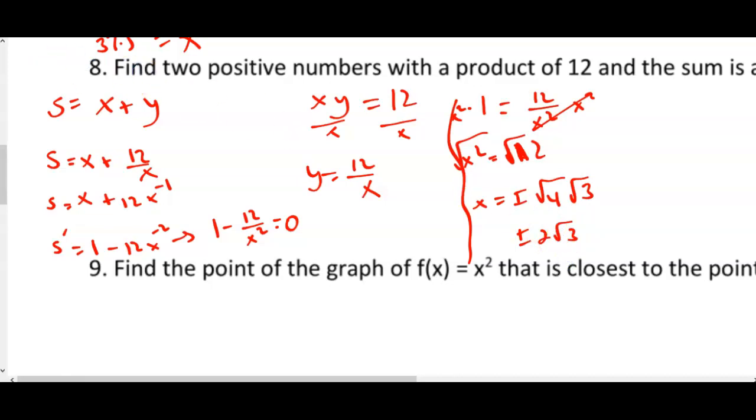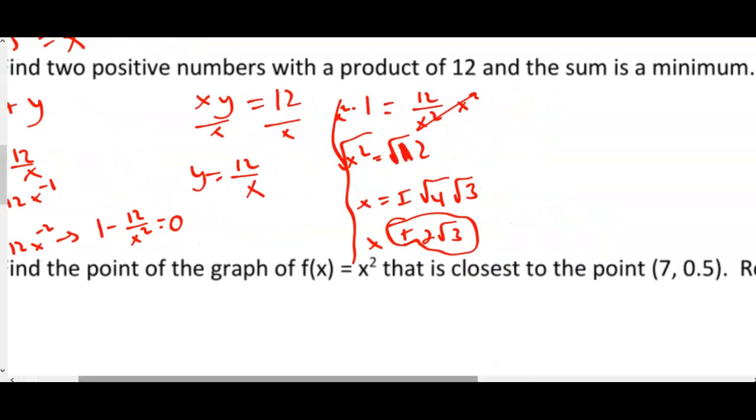All right. So that's x. And we want the positive, obviously. We don't want the negative. You see what I'm saying? And so anyway, we just need to find y. So if you go y equals 12 divided by 2 radical 3.